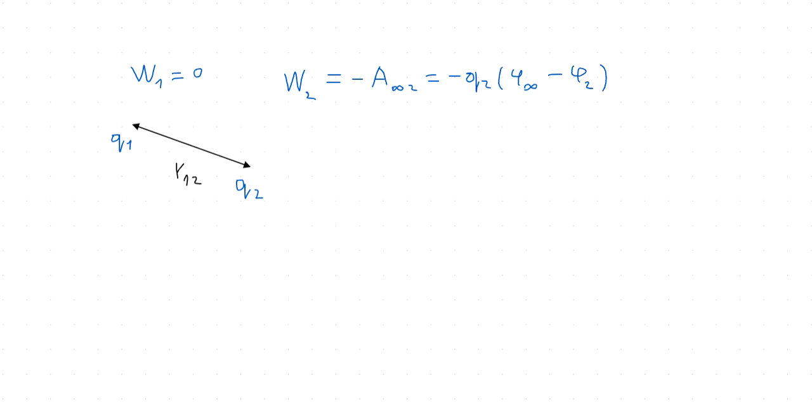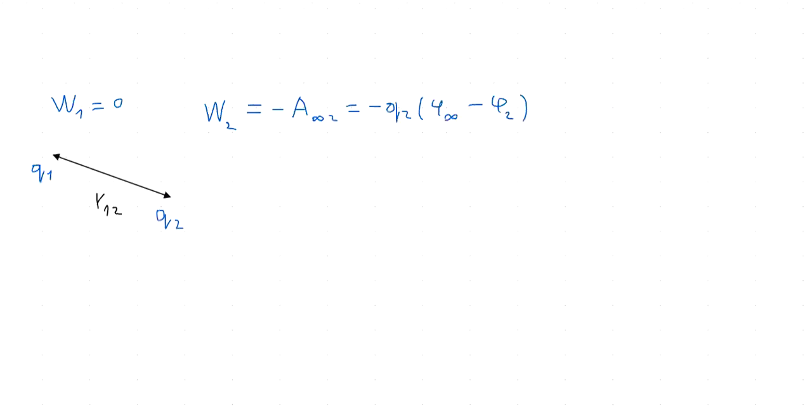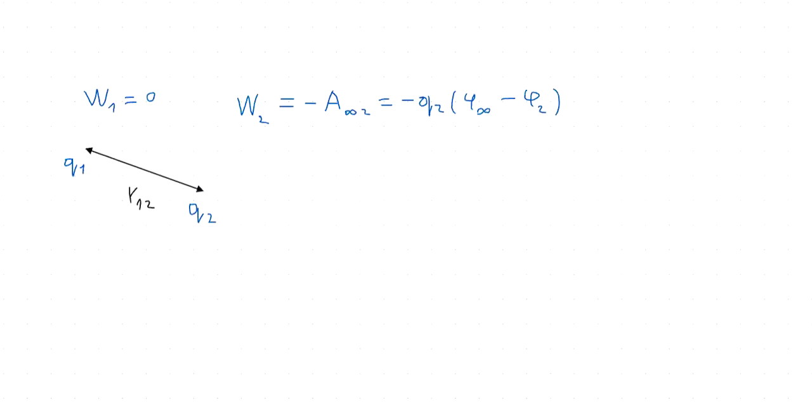So, okay, as you can remember, we can choose the origin of electrostatic potential. We can choose electrostatic potential at infinity, and the best way is to make it equal to zero.